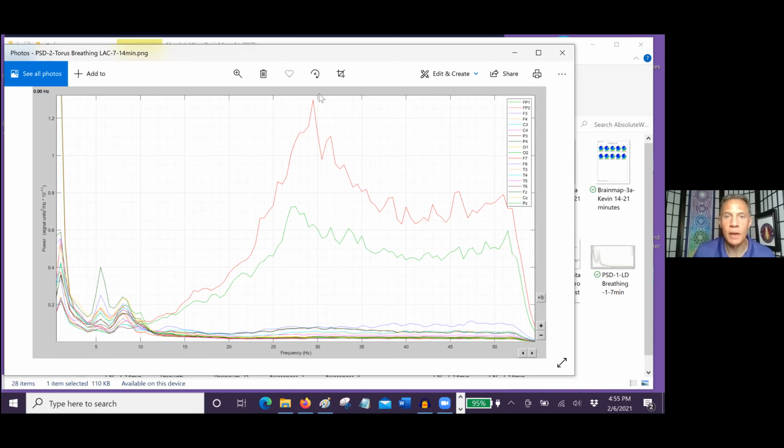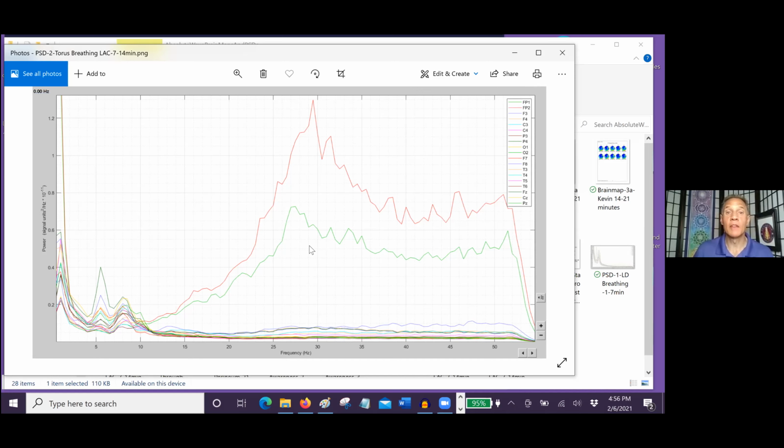So this is right about 30 hertz and above up to 50 hertz. And again, this headset was filtered just above 50. So you'll see at 50, it just kind of drops off here.